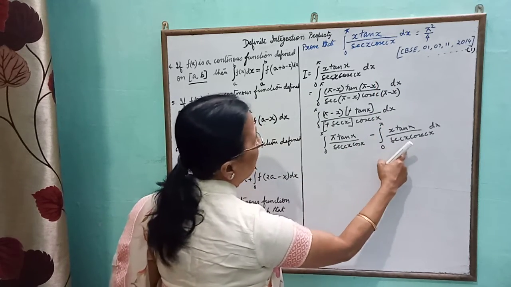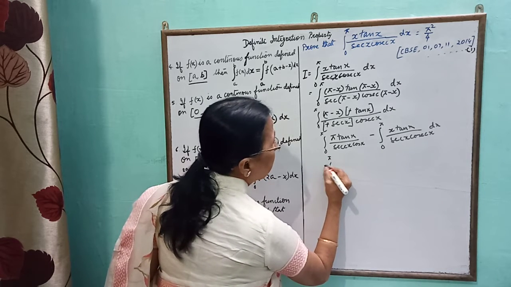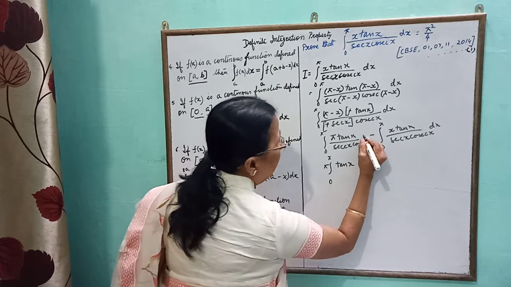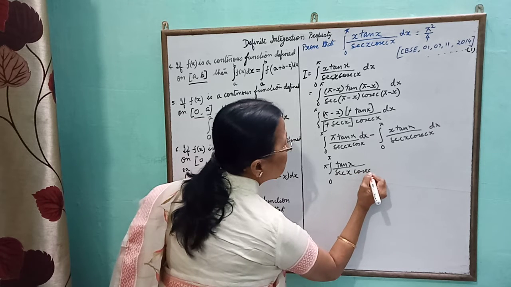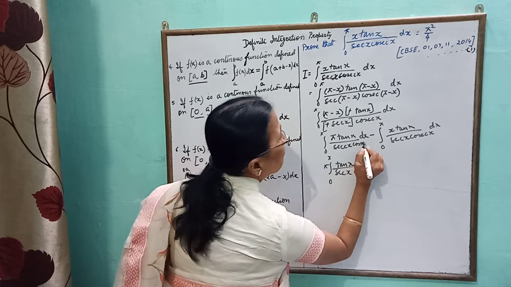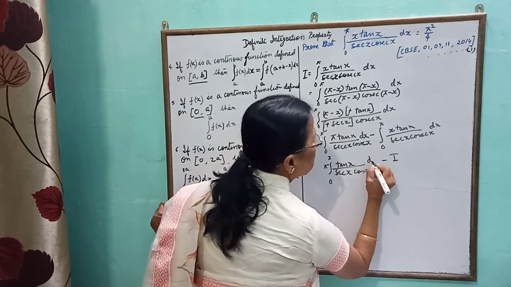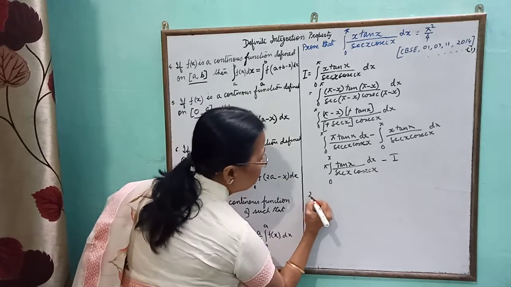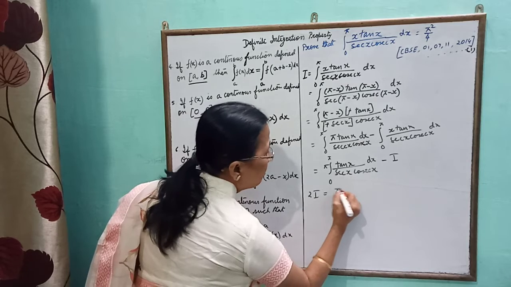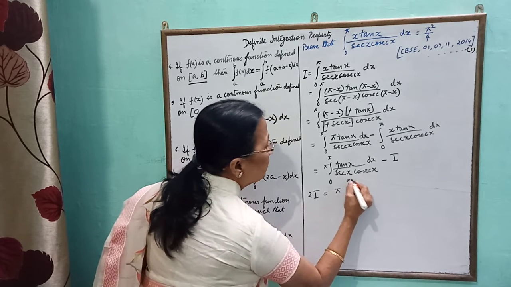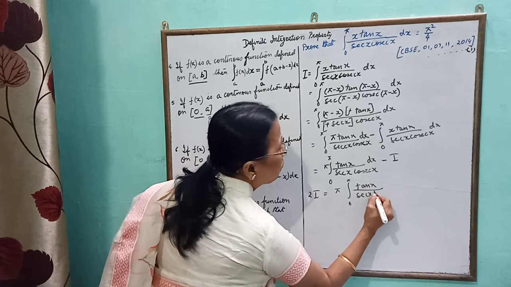This is equation 1, this is I. So this is integral 0 to pi, I can take pi common, tan x divided by sec x cosec x dx, minus I. So 2I is equal to pi integral 0 to pi tan x divided by sec x cosec x dx.